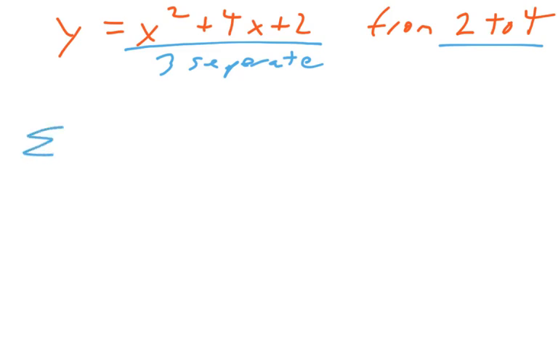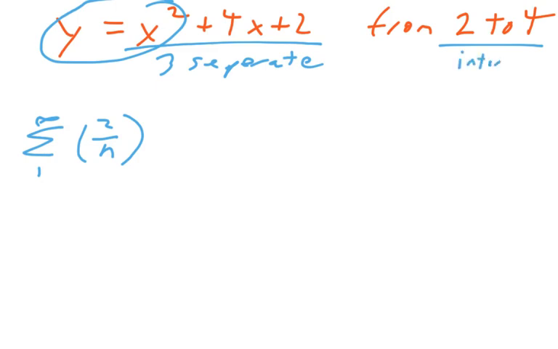So for the first one, I'm just going to worry about the x squared part. I'm going to do the summation from 1 to infinity of 2 over n. Now the reason why, because we have 2 over n, and we're going to use this for all of them, is because my interval is from 2 to 4.